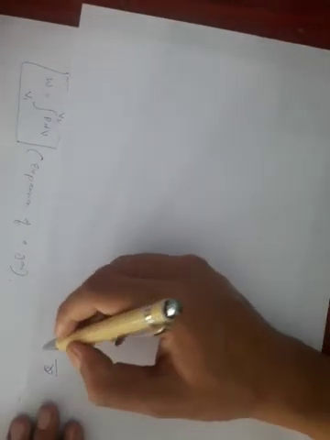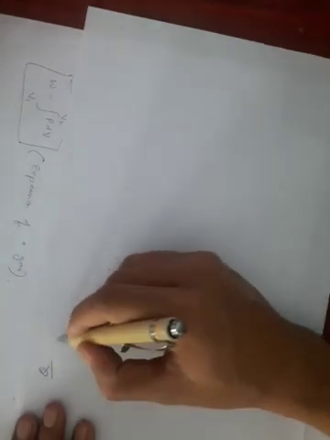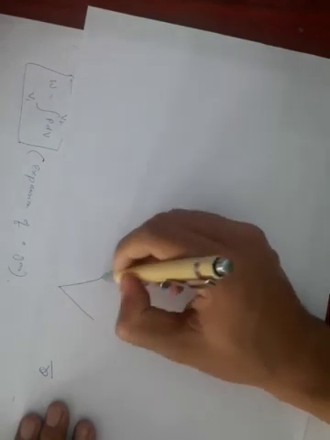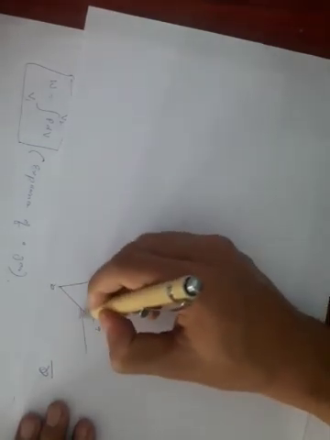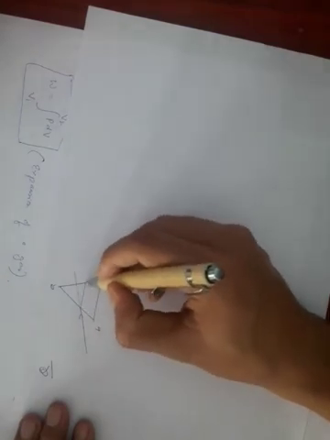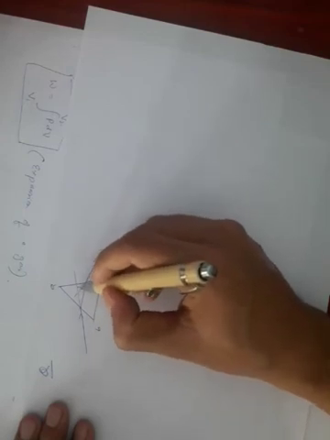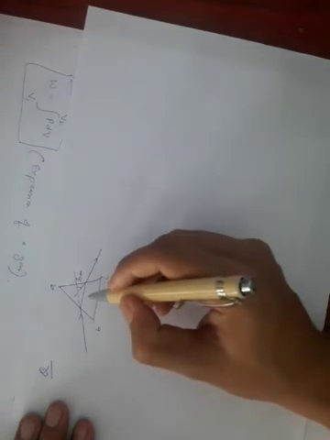You see, suppose there is a ray of light. It suffers minimum deviation while passing through a prism. Imagine like this. There is a prism ABC. While passing through this prism, the ray suffers minimum deviation. It means this angle is del M here, minimum deviation.